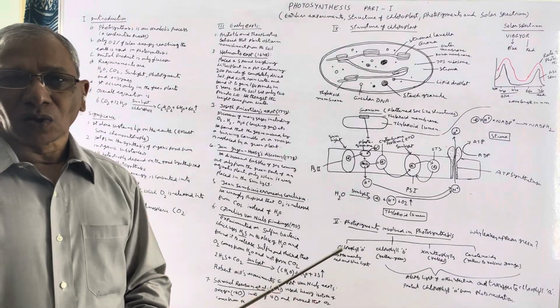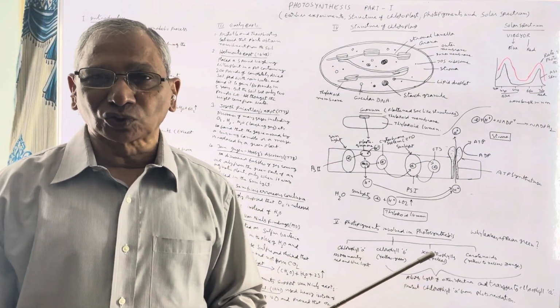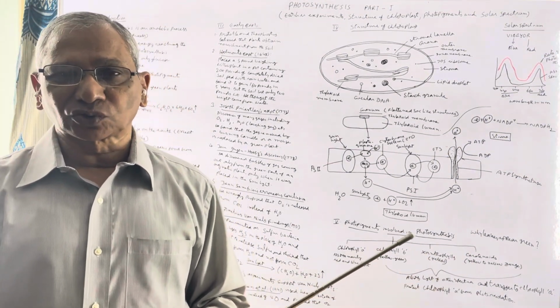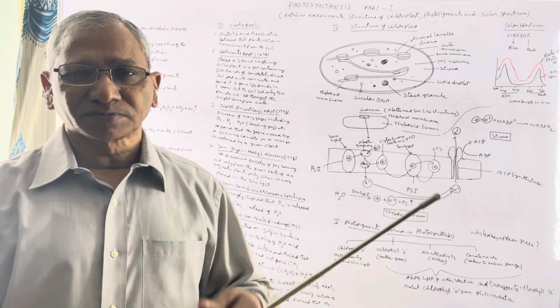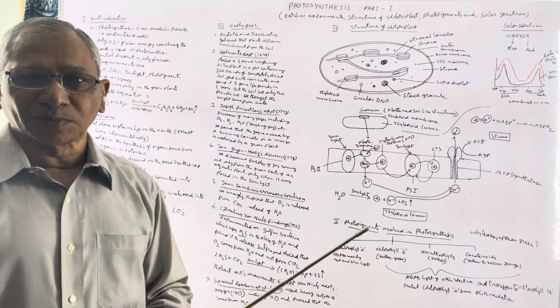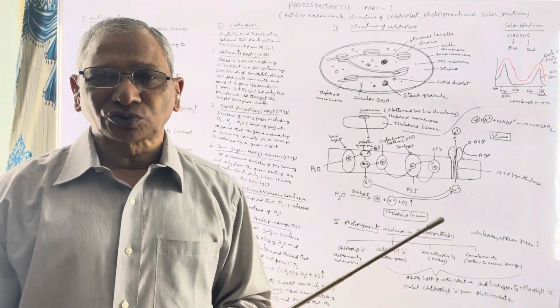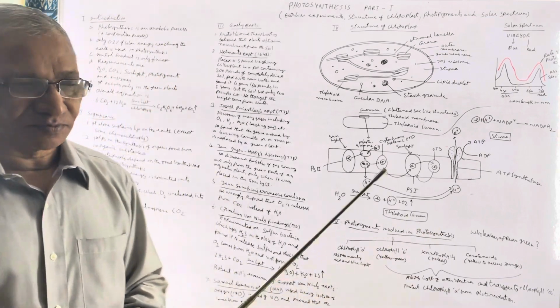Remember, all the oxygen present in the atmosphere comes only through photosynthesis. Without photosynthesis, there will be no oxygen. So, photosynthesis not only helps in synthesizing food, but also contributes to the atmospheric oxygen.